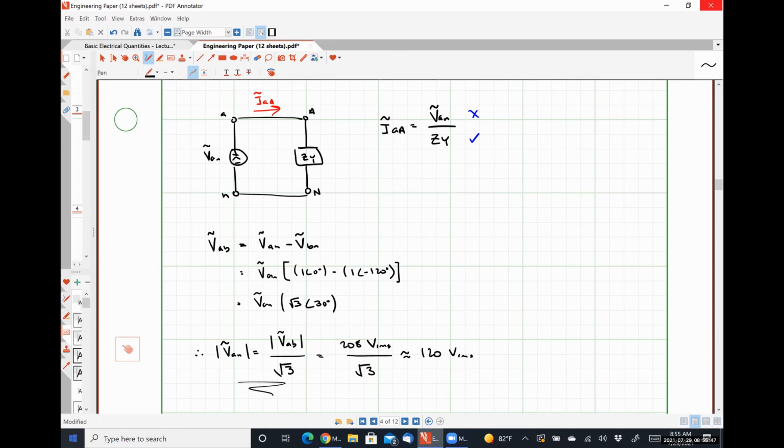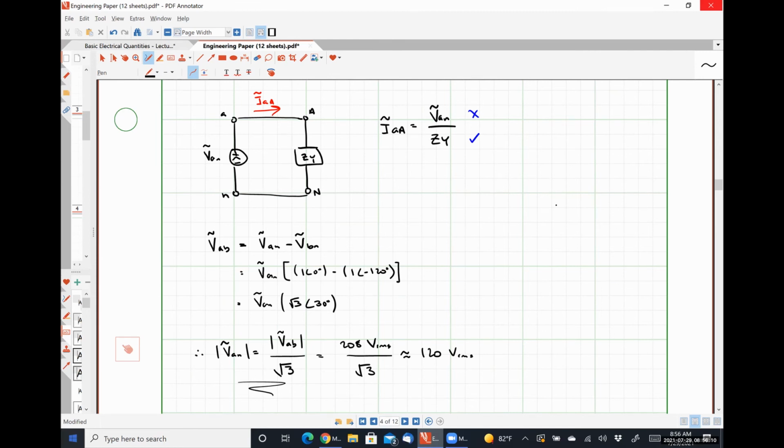That's what this means. If we looked at the transformer from a line-to-line perspective that's feeding it, it's giving us 208 volts. But if we look at it from a line-to-neutral perspective, which is what our outlets use, we have 120 volts RMS. So this is a very, very common configuration for power distribution here in the US.